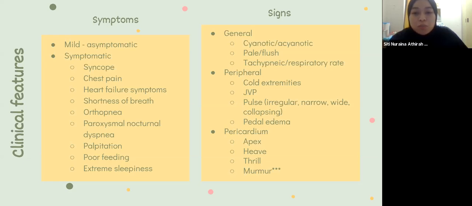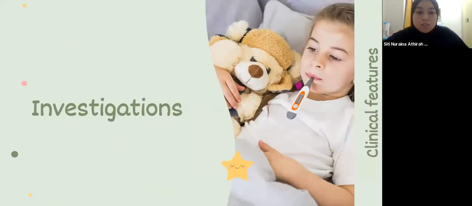We can also look for any sign of heart failure, such as pedal edema. Next we can focus on the precordium, where we check for any apex beat displacement or any heave or thrill. And the most important thing in valvular defects is the murmur. I will not explain the murmur in detail, but I will provide a table at the end of my presentation.